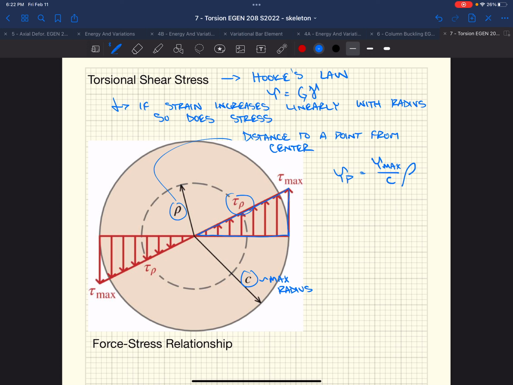So we know a lot of things, don't we? Force equals stress times area. We know moment is force times some moment arm, right?